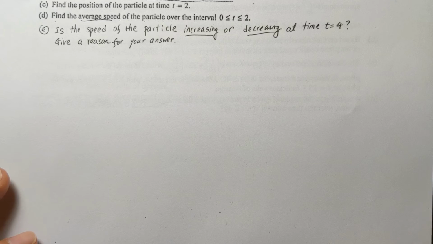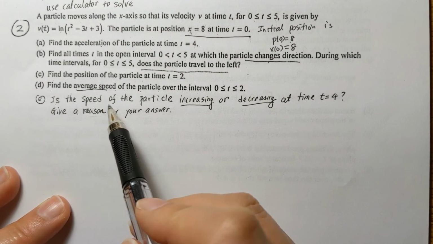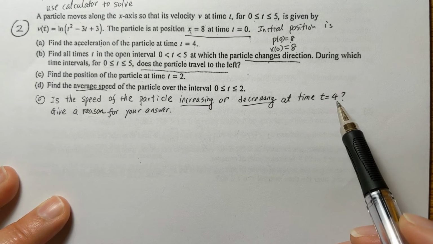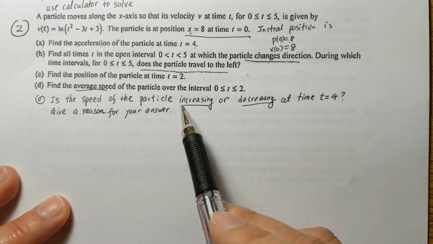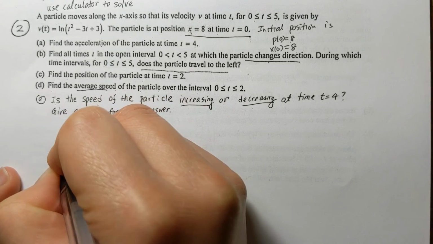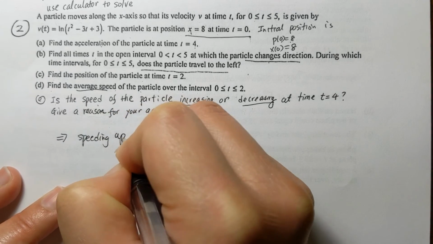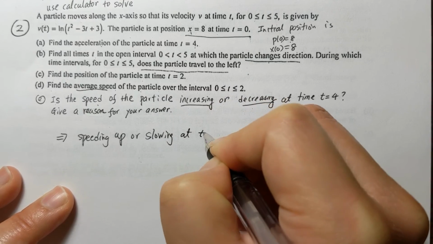Now let's take a look at part E. Is the speed of the particle increasing or decreasing at t equals 4? Give a reason for your answer. The speed increasing, decreasing, it means speeding up or slowing down at t equals 4.